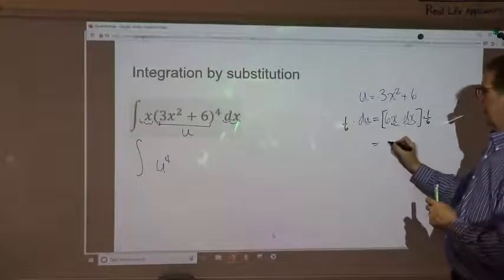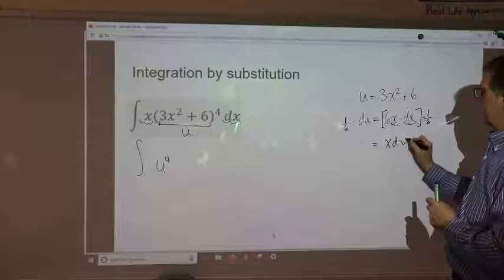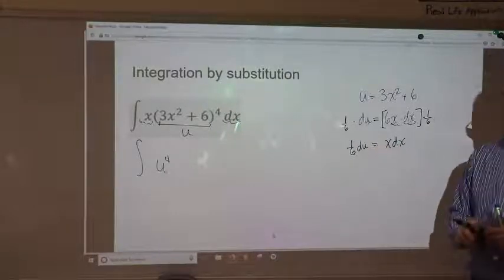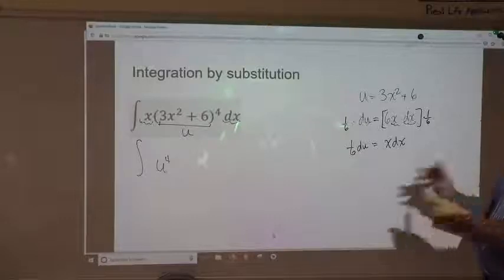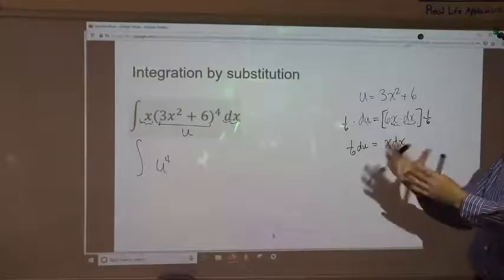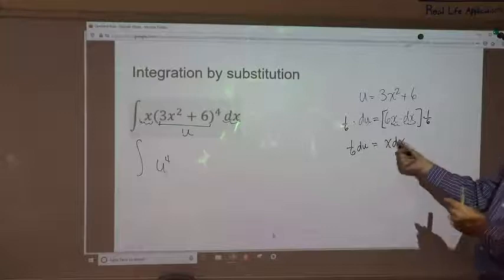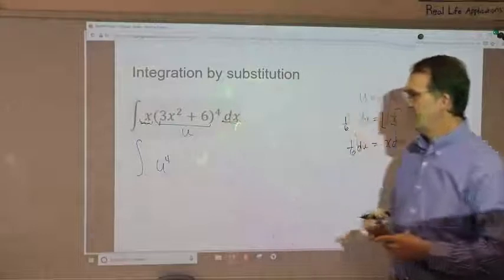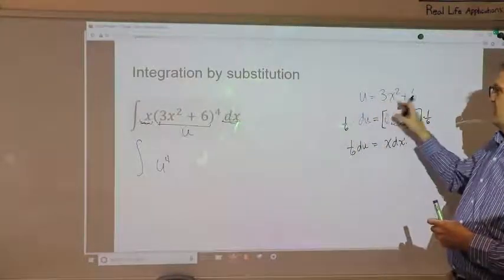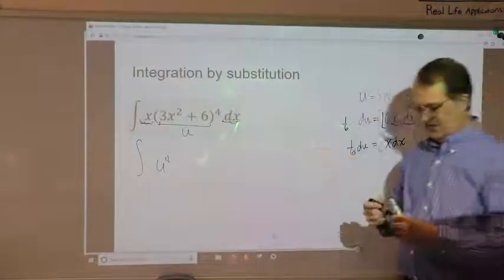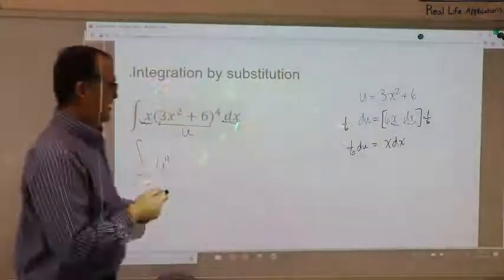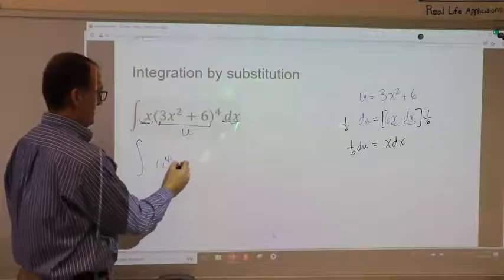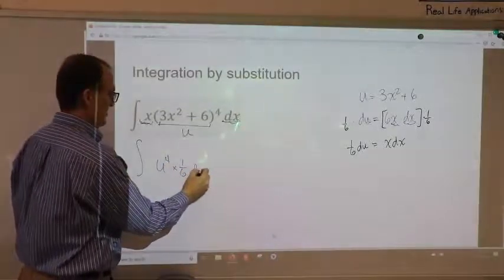Cancel. So I have x dx is 1/6 times du. And now my pieces all fit together. X dx is here. 3x squared plus 6, I've got. So now I can just call this u to the 4th times 1/6 du.